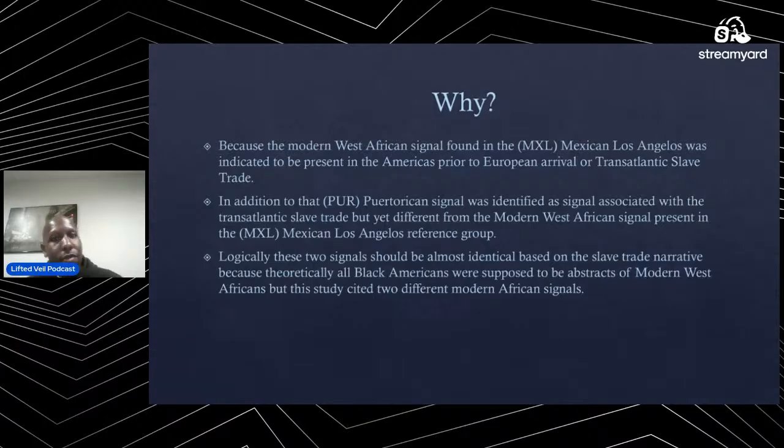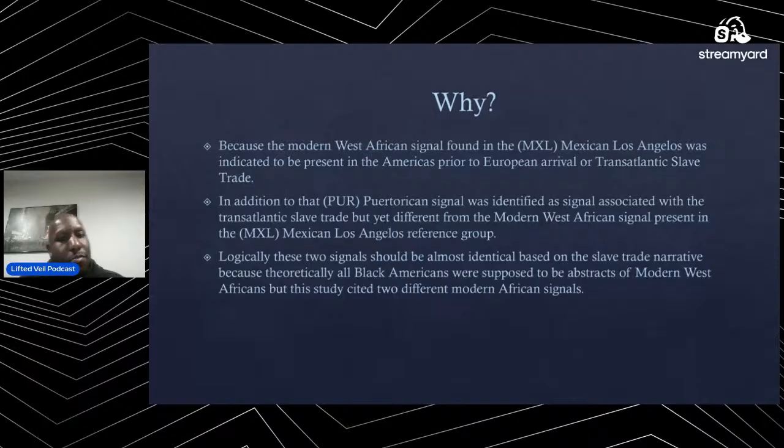So if all modern signals associated with West Africans are supposed to be from the slave trade, then why, in North America it's not showing it, but in that was South America. That would be South America that it showed the signal in. Oh, I'm sorry. No, this is the Puerto Ricans who showed that signal, right?